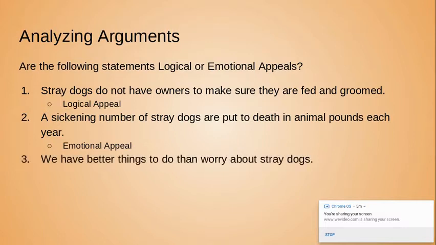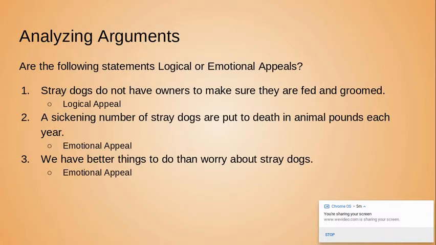Here's another one. We have better things to do than worry about stray dogs. Is that a logical or emotional appeal? If you said that that's an emotional appeal, you are correct. What you're doing here is you're not giving information that is something that can be proven, right?